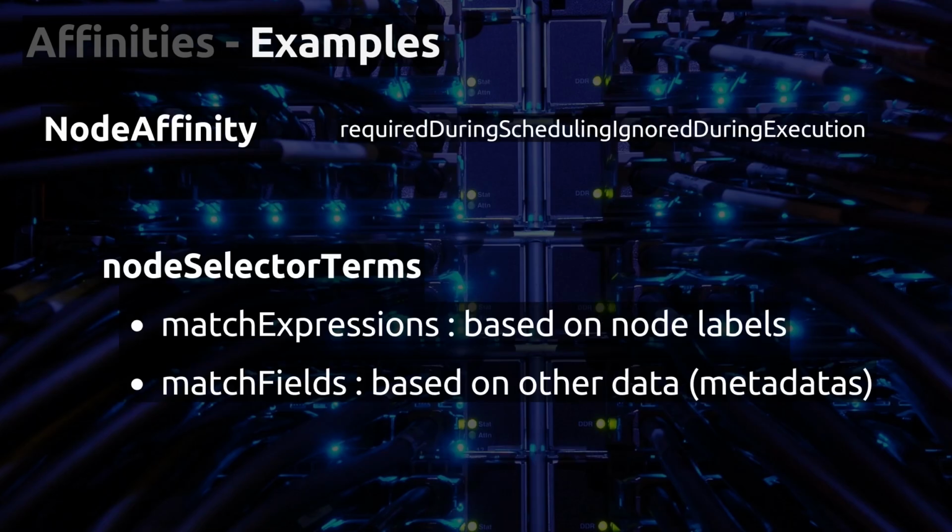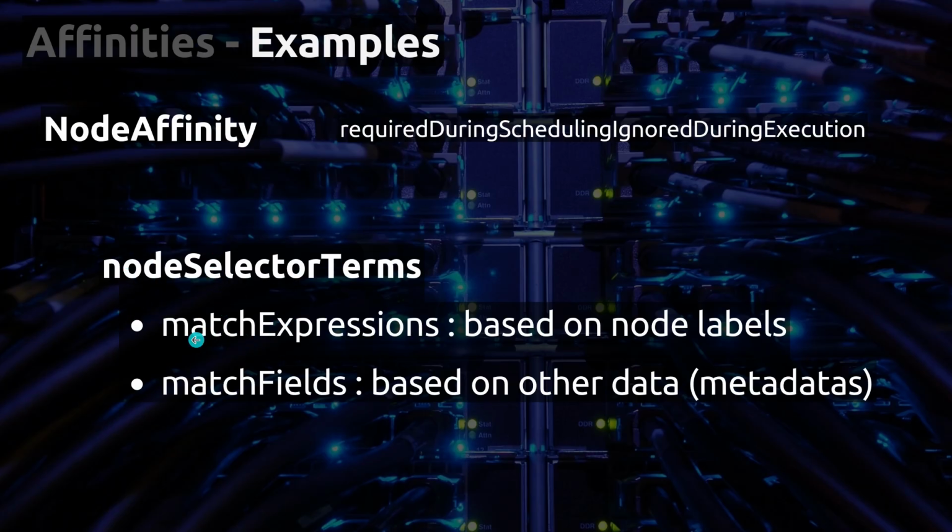Okay, so we can zoom into the node affinity. Into it, we have the conditions that we want to check, even in the preferred scheduling. Here it's for required, but we can use it for preferred scheduling too.